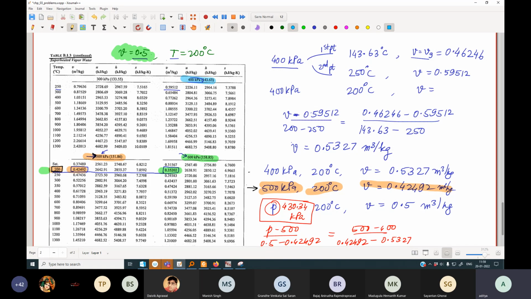But here is the catch. In the book, the entry for 200 degrees Celsius is not even given. The entries directly start from 250 degrees Celsius. So the first step that we did was to find out what this is going to be for 400 kilopascal, 200 degrees Celsius.